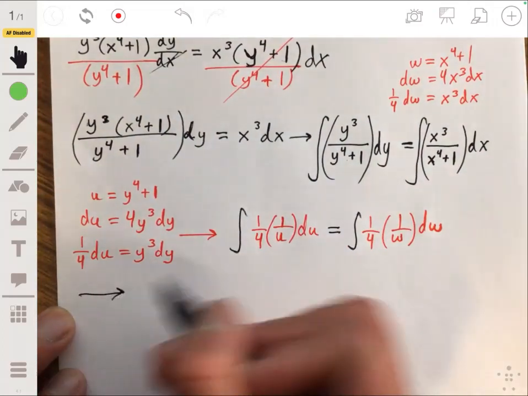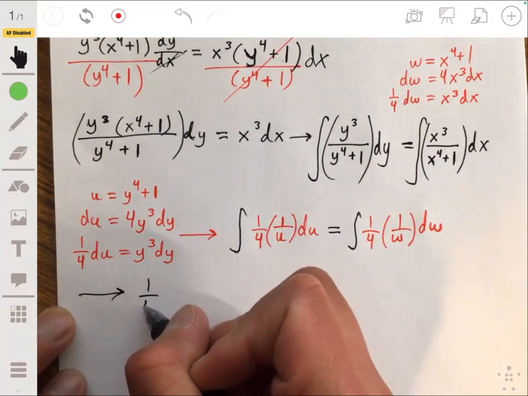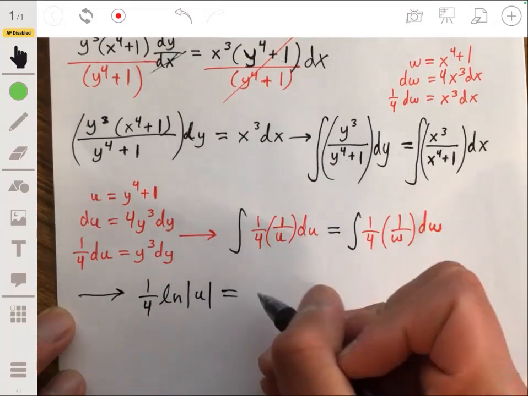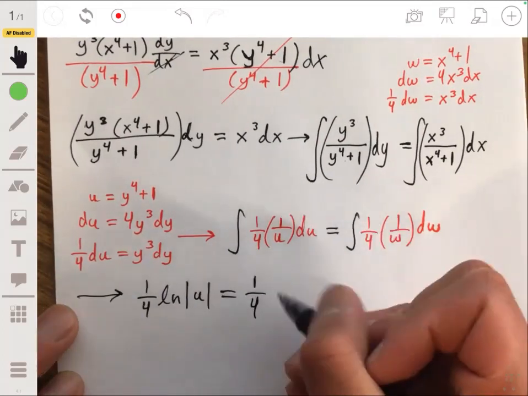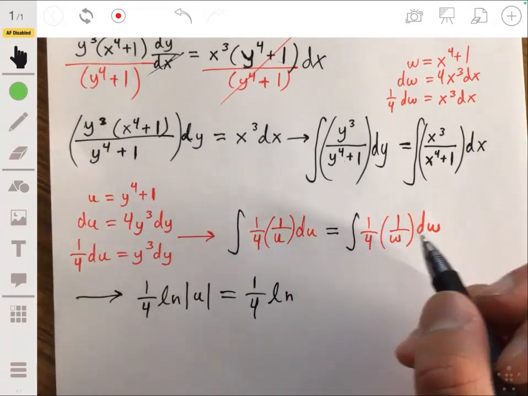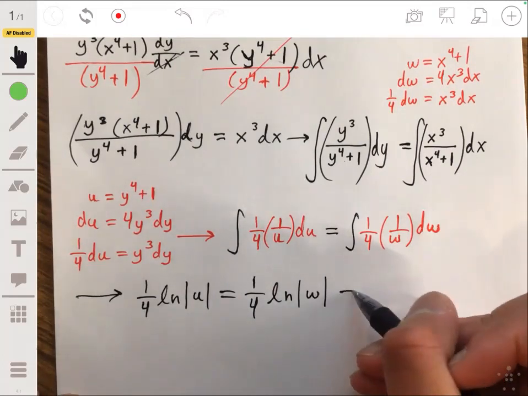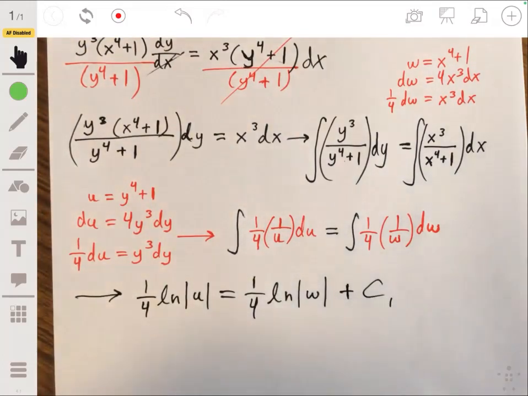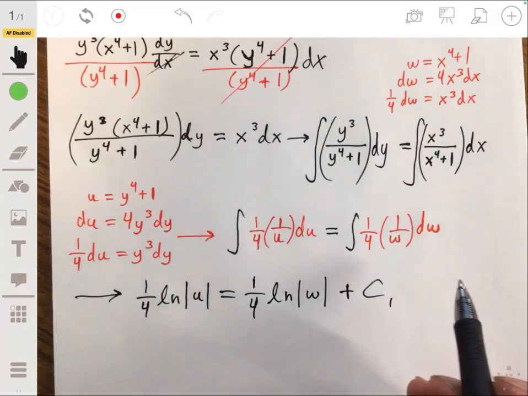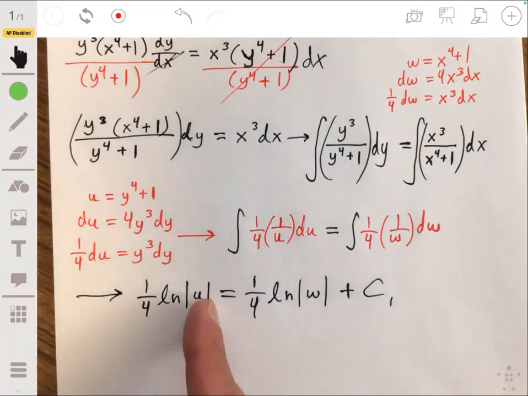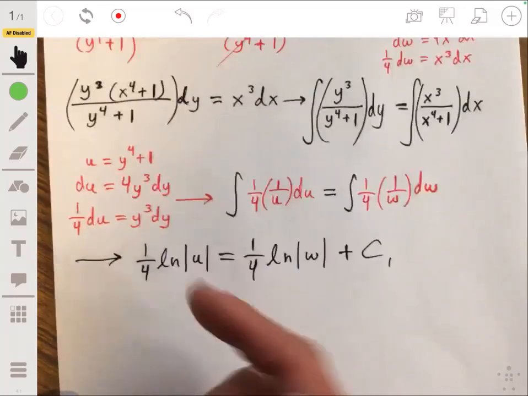Okay, so let's integrate this. So this will be 1/4 times the natural log of the absolute value of u. And that'll be equal to 1/4 times the natural log of the absolute value of w plus a constant C1. Now let's rewrite this in terms of y and x.